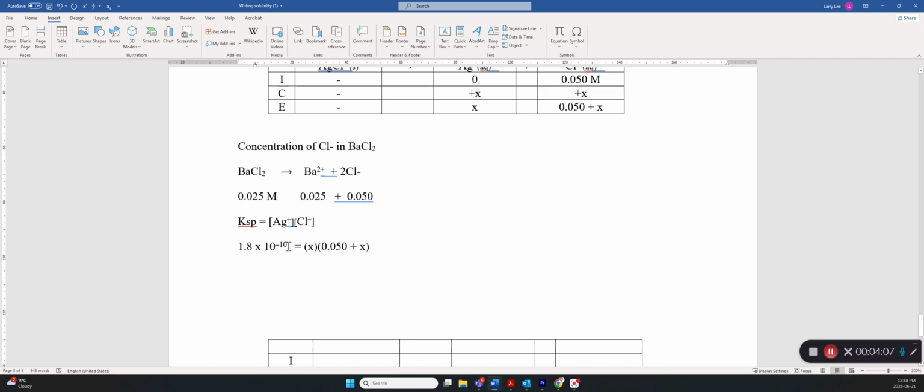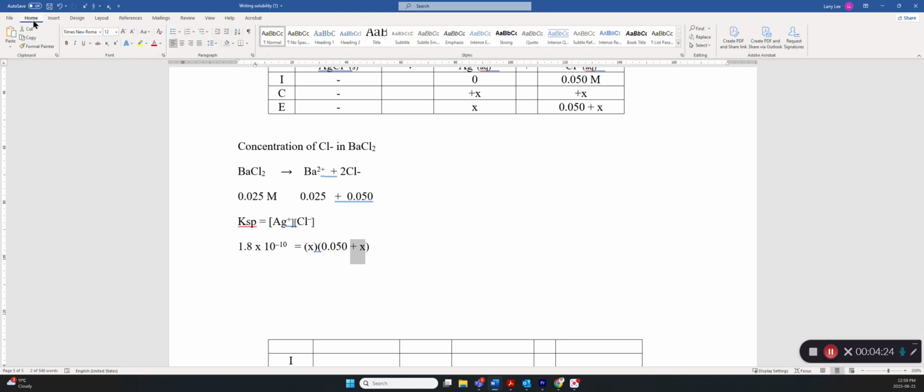Now, looking at these numbers, 1.8 times 10 to the minus 10 is a very, very small number. And looking at 0.05 plus X, we could make the assumption that this value of X is really small, and we could get rid of it. So we could cancel this out.